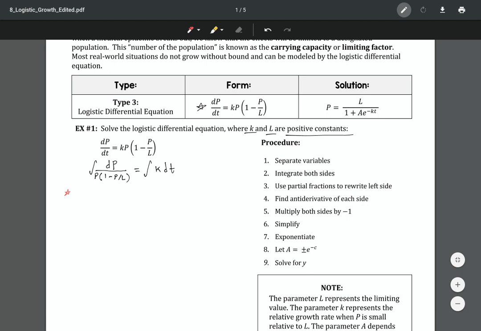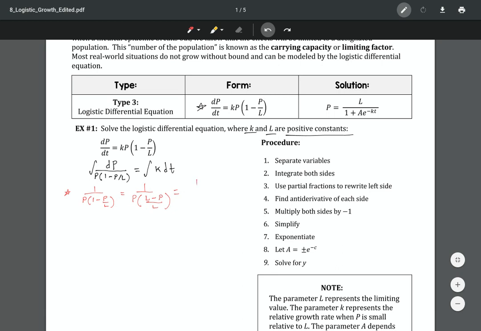So what we're going to do first is we're going to say that 1 over P times (1 minus P over L), if I find a common denominator, and I'm going to write an extra step here, that would leave me with P times (L minus P) over L. And because of the rules that keep, change, flip, this L is right here.